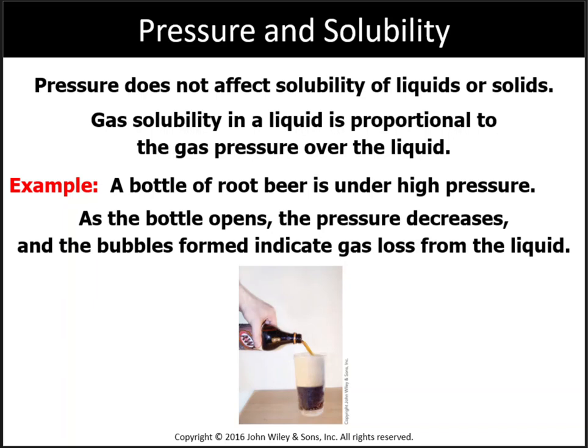And you know that it's high pressure because as soon as you open a soda can, you hear the gas coming out, and it's just because it's under high pressure. So for solubility of solids and liquids, pressure doesn't play a role, but for gases, pressure plays a role. At higher pressures, you would expect the solubility of gases to increase.